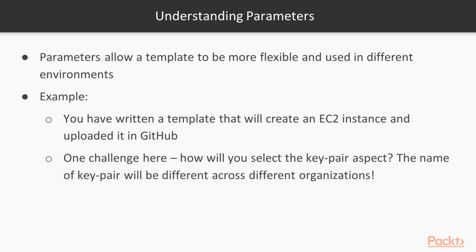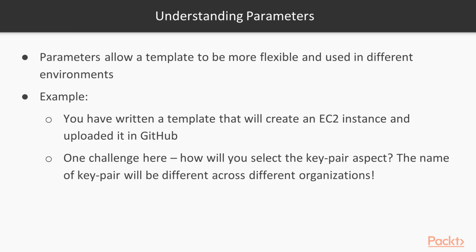Now, if you have uploaded it in GitHub, the challenge is that depending upon different environments, every environment will have a different key pair name. So in my AWS account, I will have a key pair name called Zeal. However, in your AWS account, the key pair name would be different.